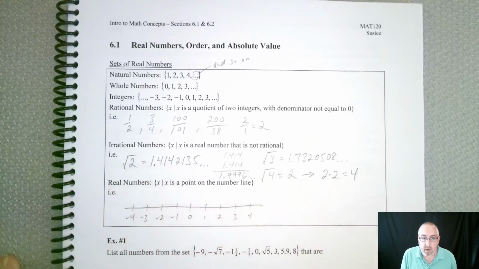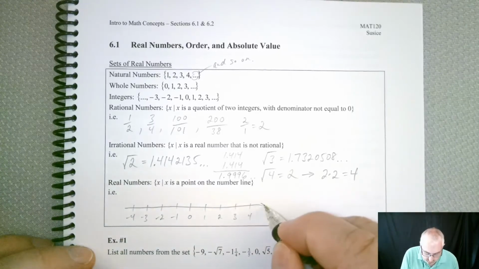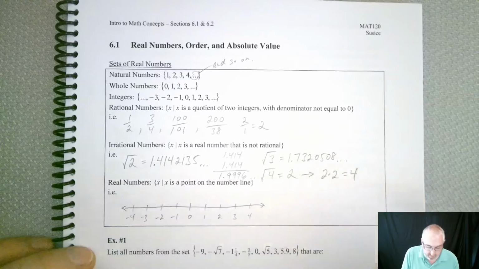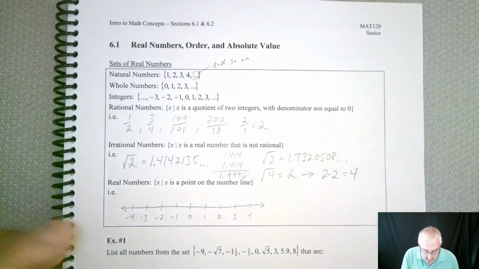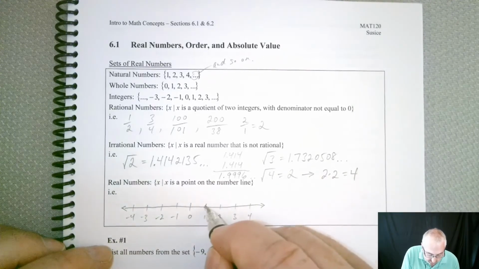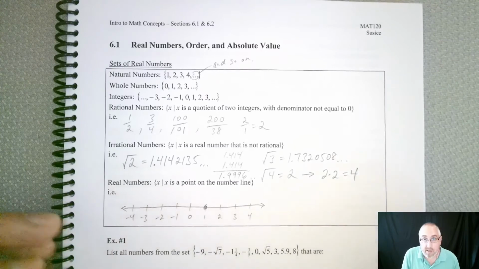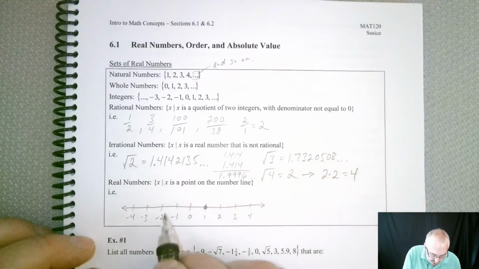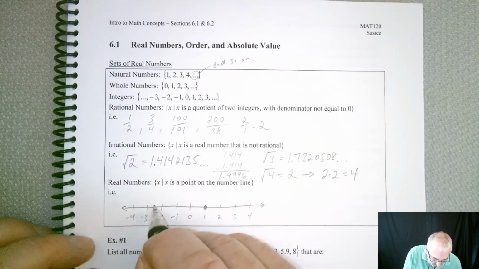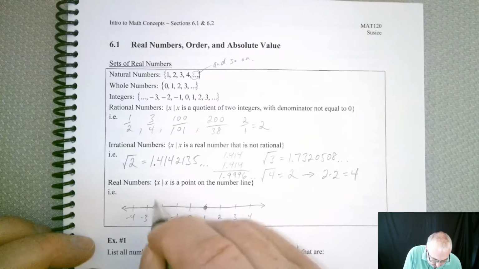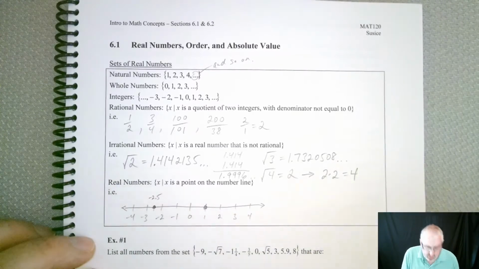So there's a little bit of a number line, and again, it goes on forever and ever. But if I wanted to say 1, obviously that has a spot right here. If I wanted to say -2.5, well, -2.5 should be right about there. So there's -2.5.